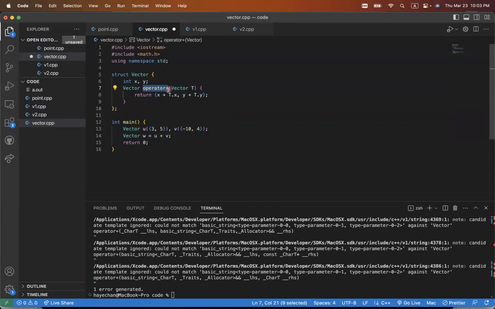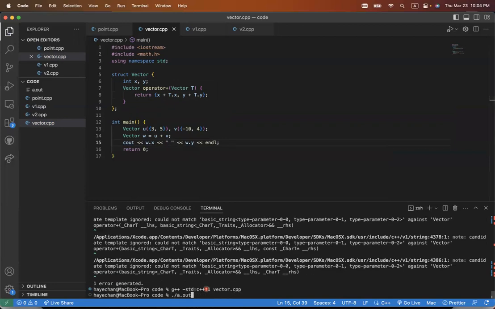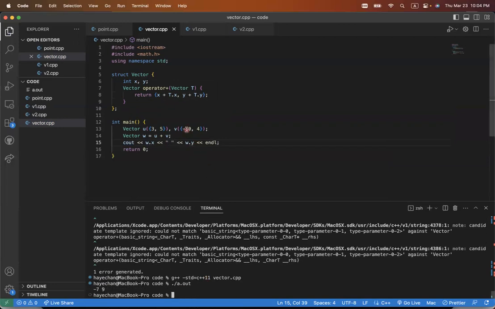Then we overload the plus operator, and one vector will be added to another. What we return is basically the sum of the x and the sum of the y. Once you do that, you can perform this addition easily. Let's see: -7 and 9. That's what you expect, right?